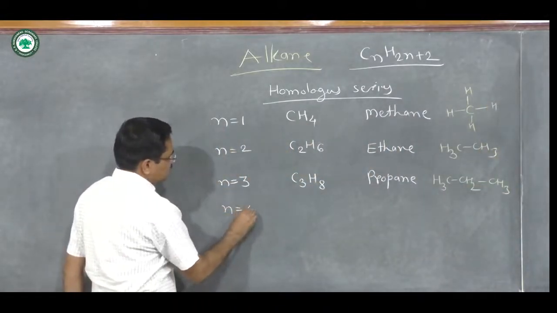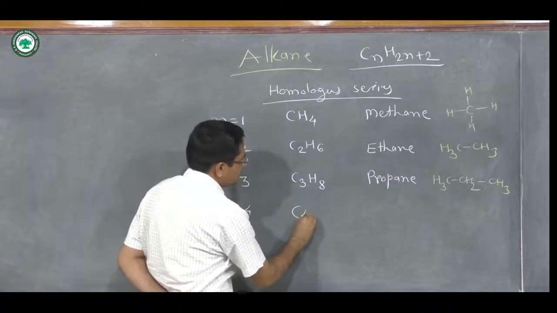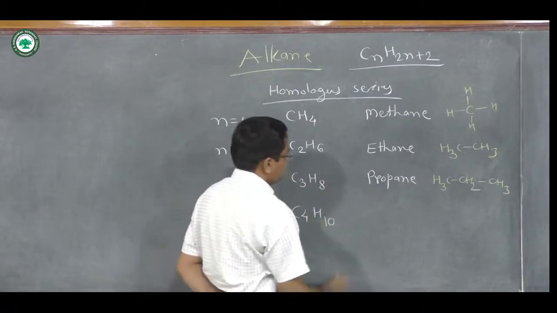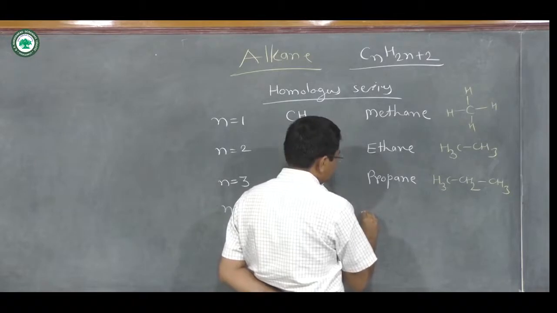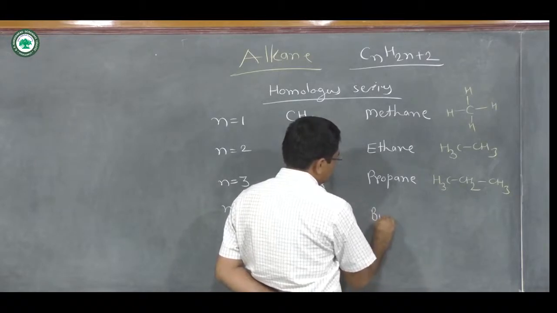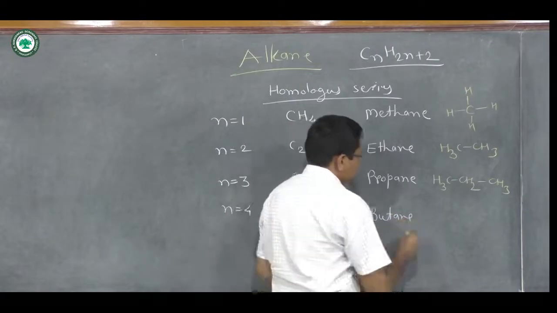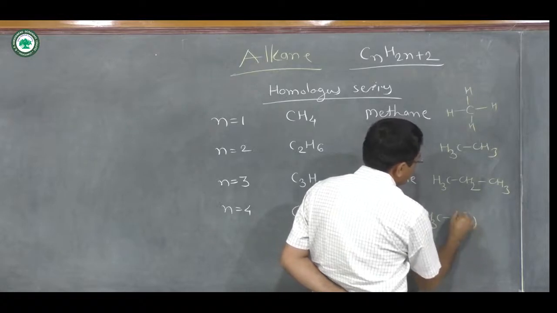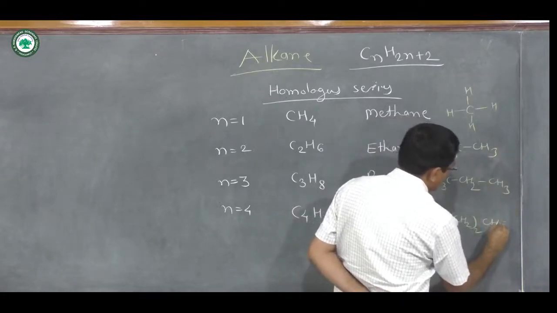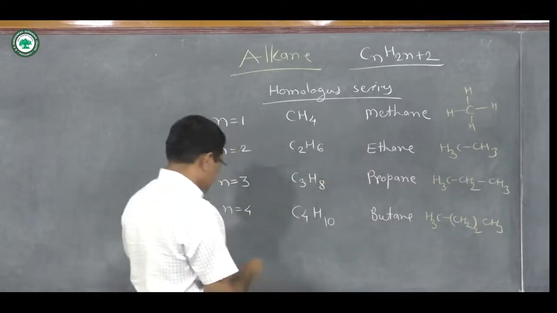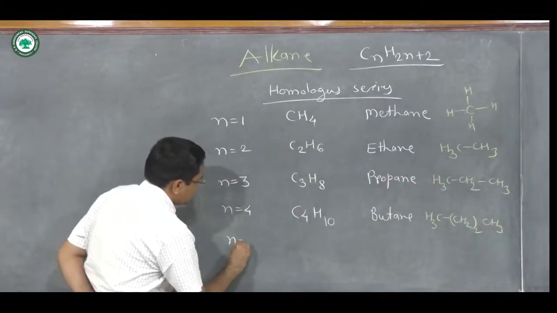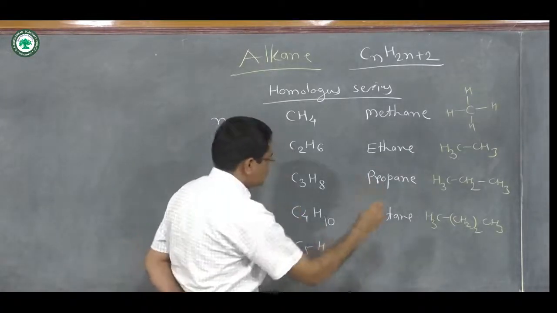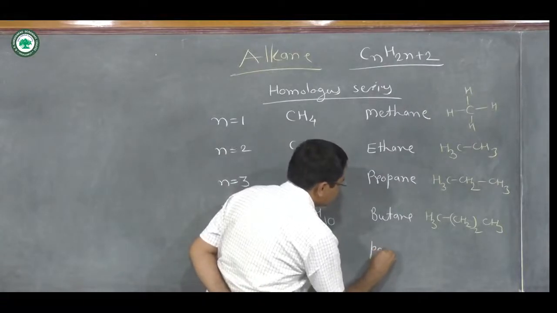Suppose n equals 4, then C4H10 and the name of this compound is butane. Structure is CH3 CH2 by 2 and CH3, and we add one more here, C5H12, that is pentane.